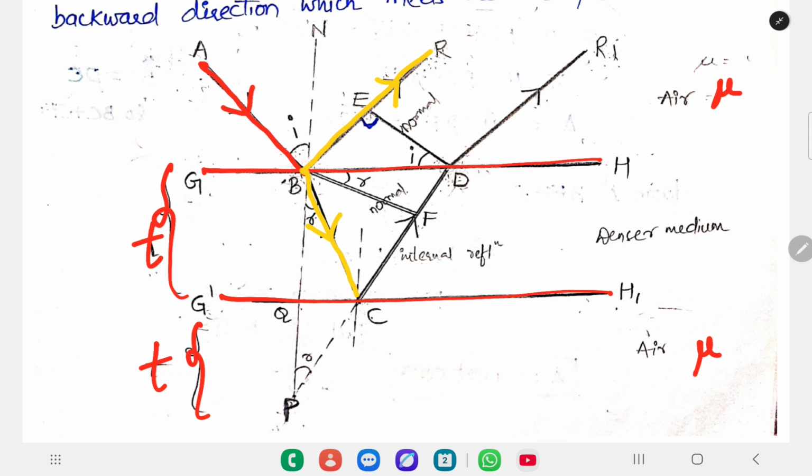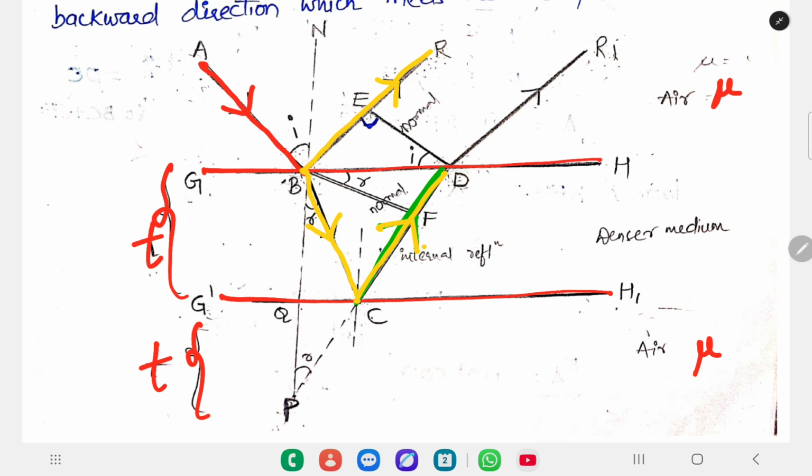Now, after one internal reflection at C, we obtain the ray CD.